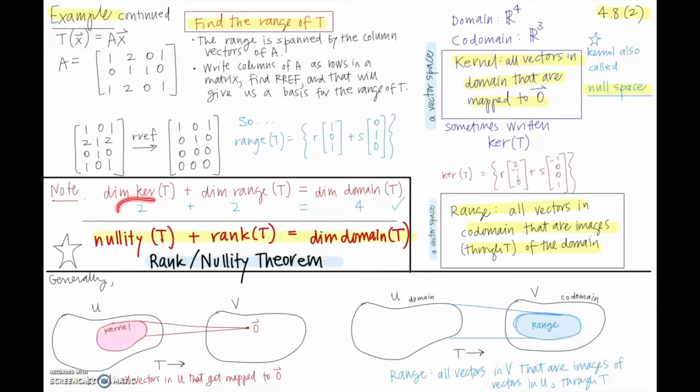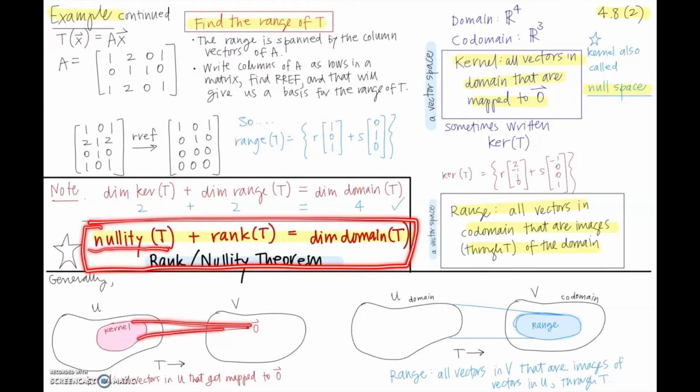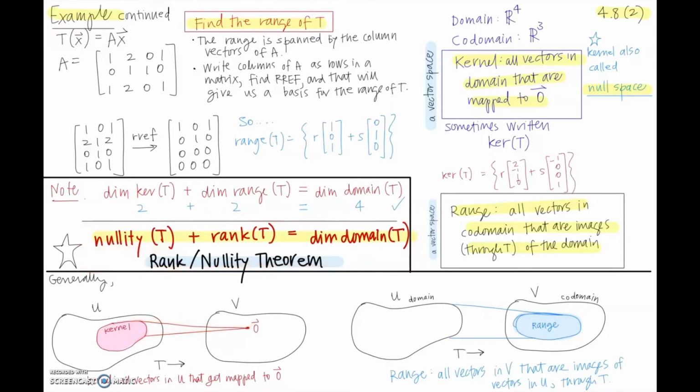So we saw that these numbers just happened to work out in this one example, but it didn't just happen to work out. This is a general principle of linear transformations. You take all of the vectors that get mapped to the zero vector through the transformation. What's the dimension of that vector space? You add it to the dimension of the range of that transformation. How big is the set of where things are getting mapped to?